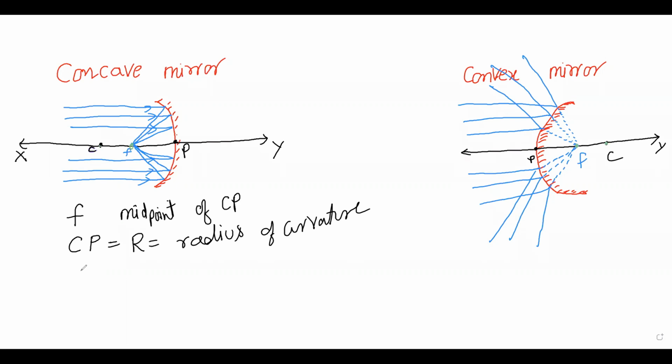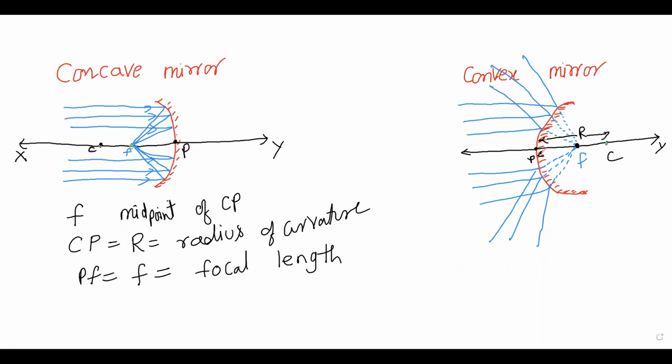At the same time, distance between pole and focus is called focal length denoted by F. In both the cases, this is the midpoint. From pole to center of curvature, that distance is called radius of curvature.